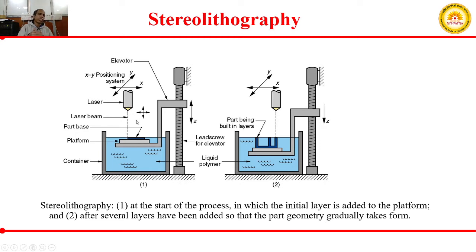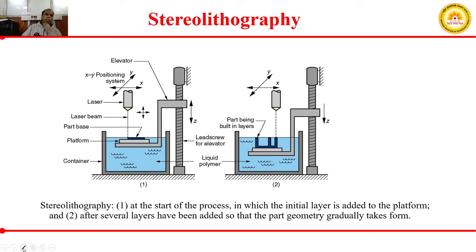First we generate the CAD model, then it is tessellated in STL form, then it is further sliced through a slicing algorithm, and this sliced data is used to control the motion of your laser source. Using this technique, we were solidifying your liquid material into solid form, layer by layer. So this was our initial setup.